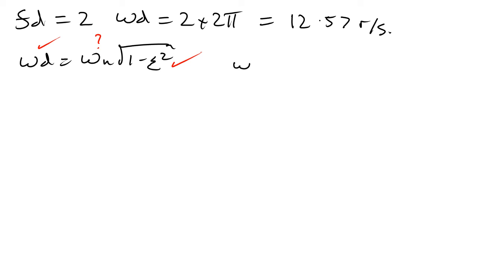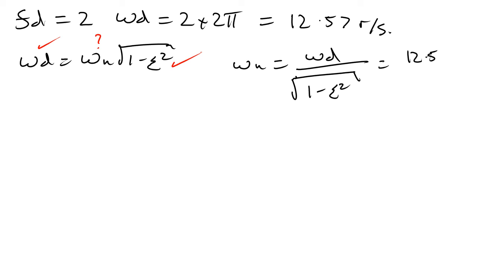So our omega n is going to equal our omega d over the square root of 1 minus zeta squared, which equals 12.57 over the square root of 1 minus 0.4 squared, since the damping ratio is 0.4.